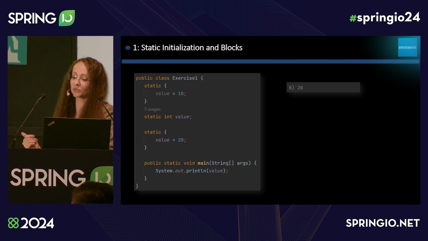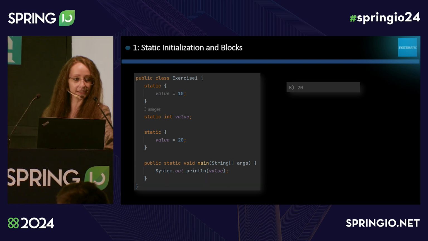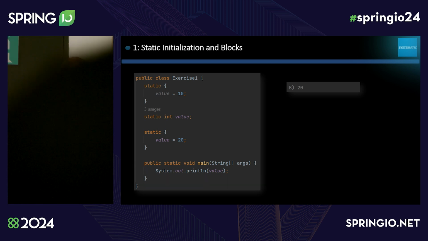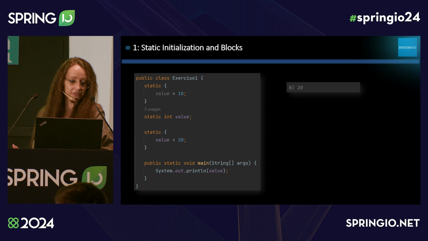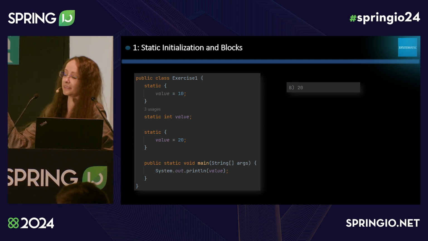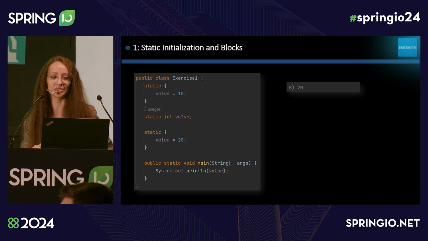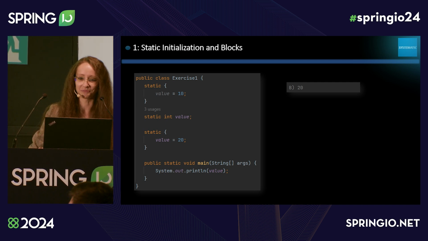So the correct output in this case is 20, showing that the final static initialization takes precedence. So the last value that is being assigned is the one being used. And actually here we can see that the first value is not highlighted in the IntelliJ IDE that I have used. So that could have been a tip to select the correct answer as well.